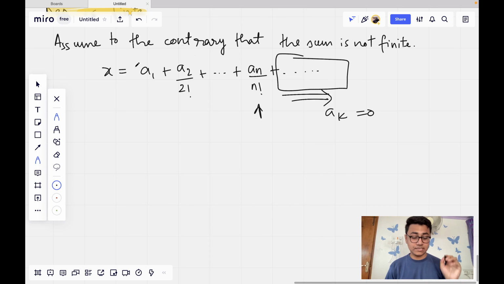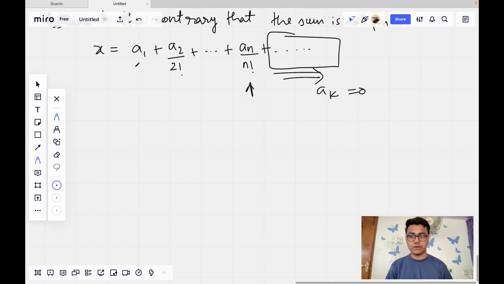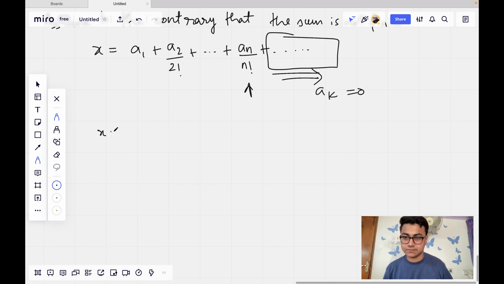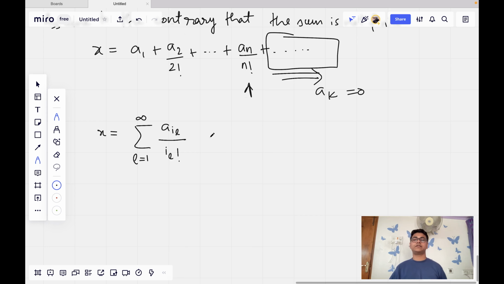We look at a subsequence, and this subsequence consists of only the non-zero coefficients. So suppose x is equal to this summation of a_{il} by (i_l) factorial, as l goes from 1 to infinity. Suppose this is the infinite summation that we have, and the property that this has is a_{il} is less than or equal to i_l minus 1 and greater than or equal to 1. So all of these terms are positive. That is, they do exist. They don't vanish.